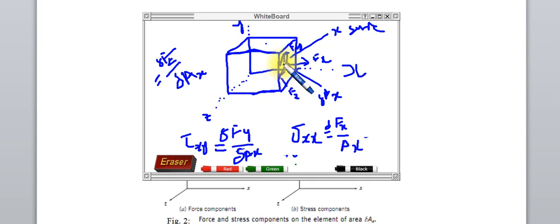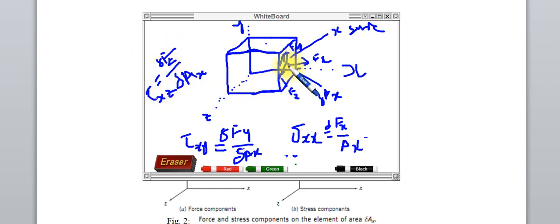So the plane is not z, the plane is x. So this force will be considered a tangential force. The tangential force per unit area, which is the x plane, will also be considered a tangential stress, on the x plane but in the z direction.